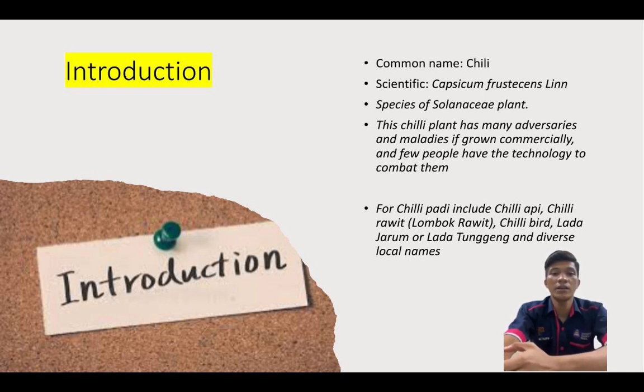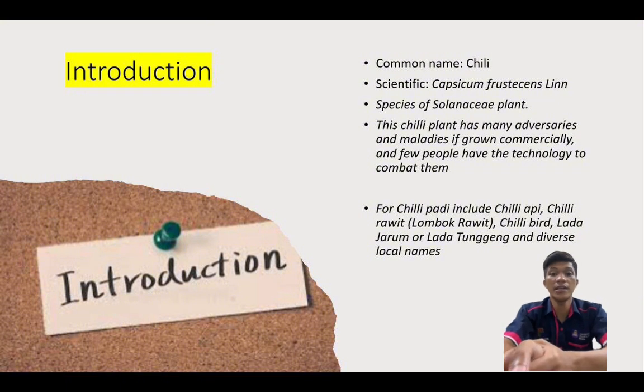Other names for chili padi include chili api, chili rawit, chili burung, and several others. Chili padi is a variety of plant that is very popular in several Southeast Asian nations, particularly Malaysia, Indonesia, and Thailand.